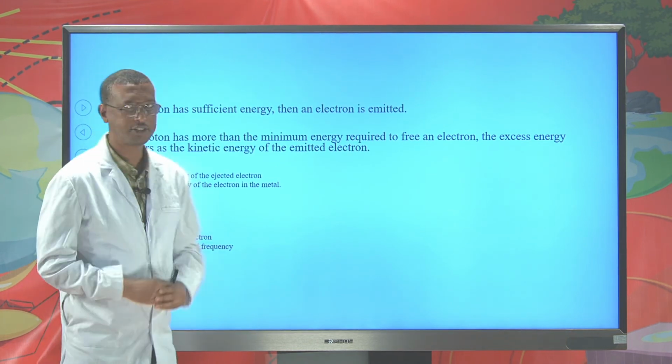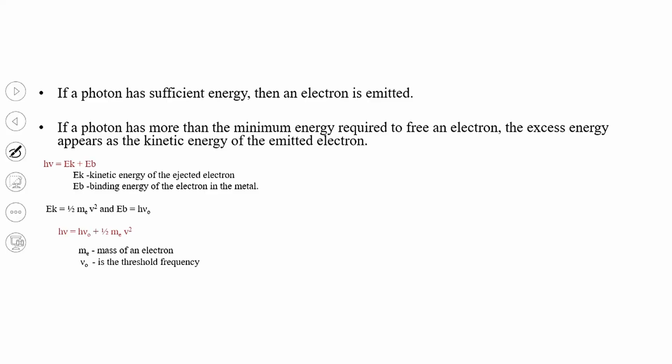If a photon has sufficient energy, then the electrons will be emitted. Okay? If a photon has more than the minimum requirement, the excess energy appears as kinetic energy of the emitted electrons.